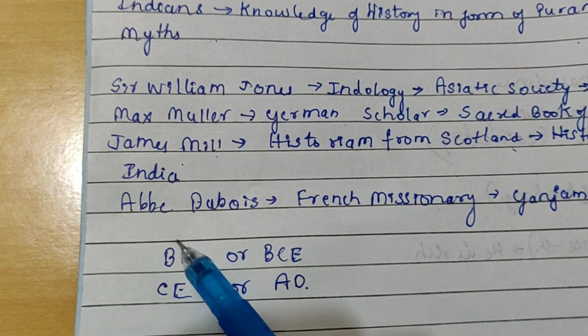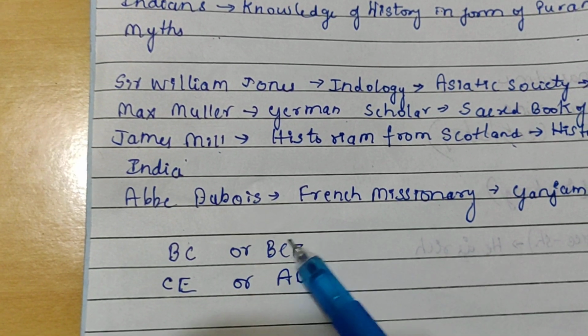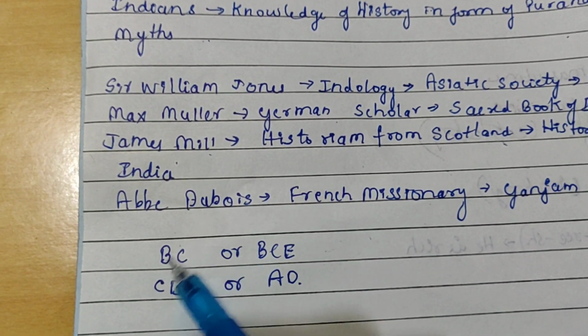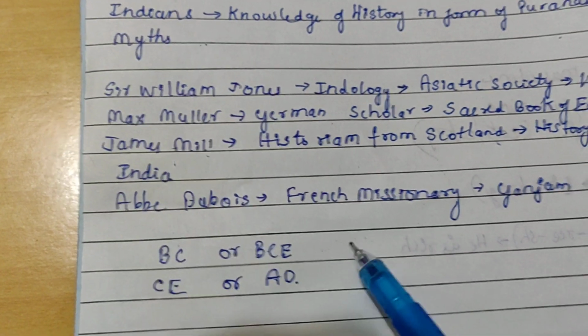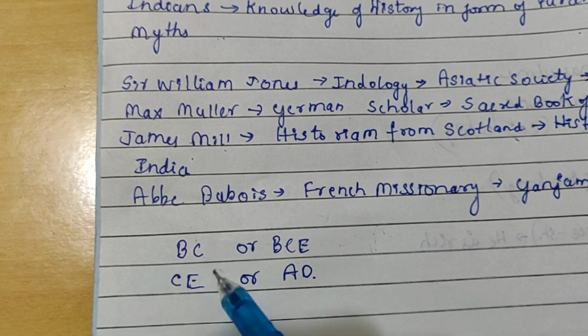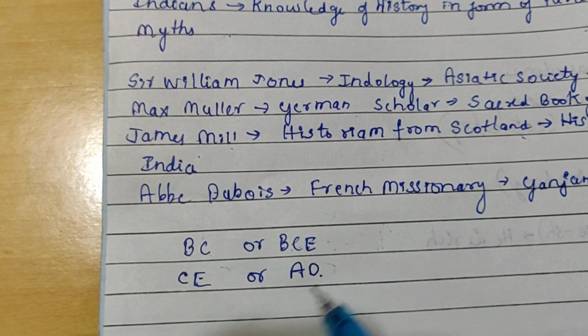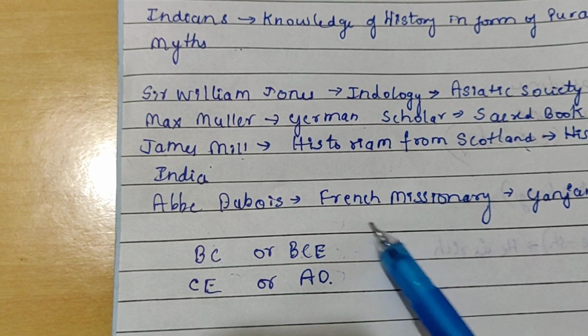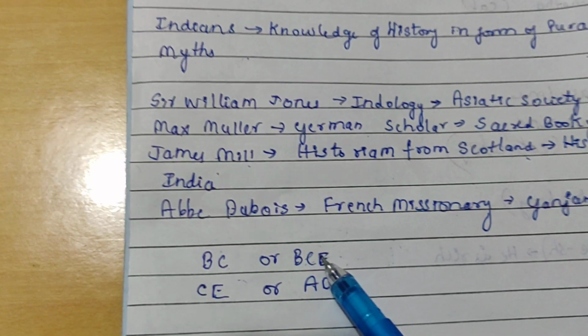BC refers to Before Christ, and BCE refers to Before Common Era, meaning events which happened before the birth of Christ. CE is Common Era, or AD means Anno Domini, that is, events which took place after the birth of Christ. So these terms are important.